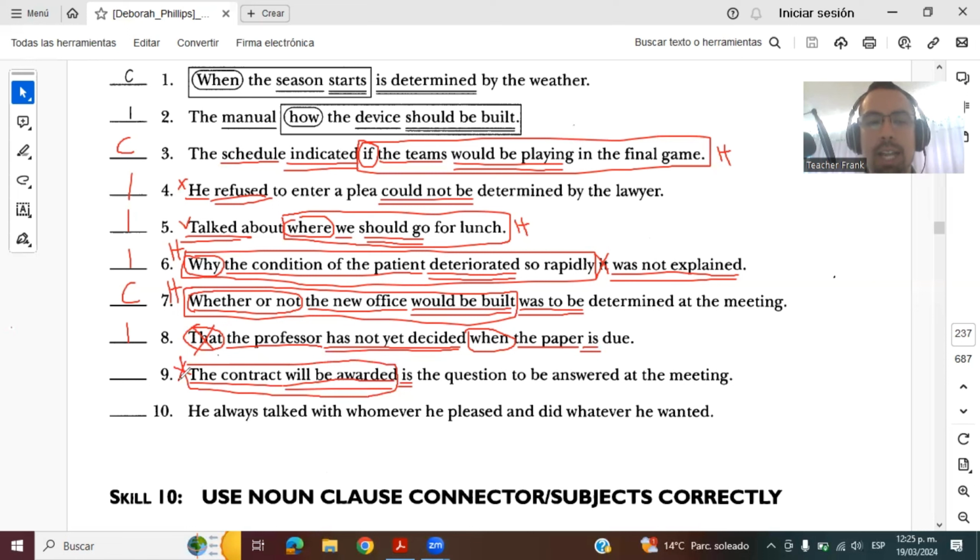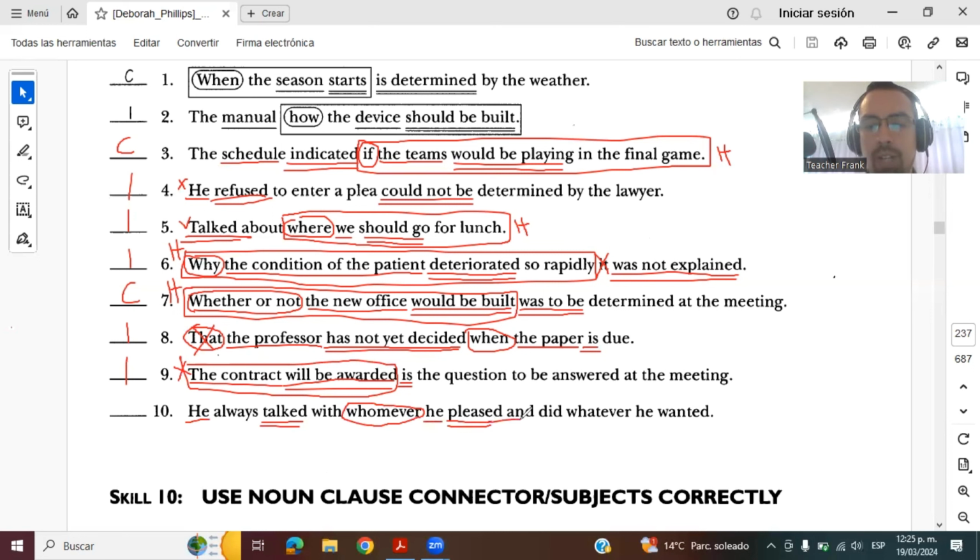Okay, and let's look at our last one, number 10. He always talked with whomever he pleased and did whatever he wanted. So we have our first verb, talked. Who or what talked? He. Whomever is going to be a noun connector. He pleased. Pleased and did, right?